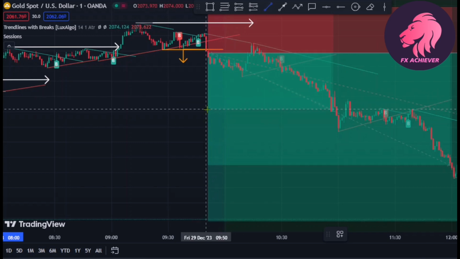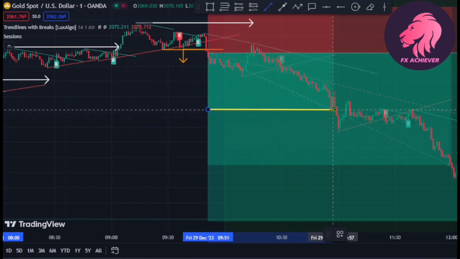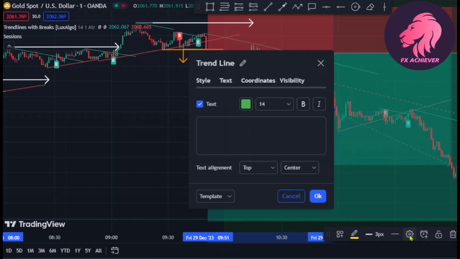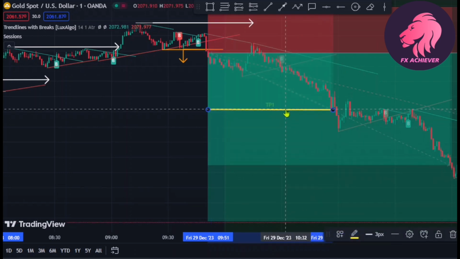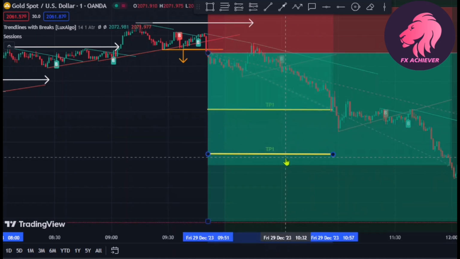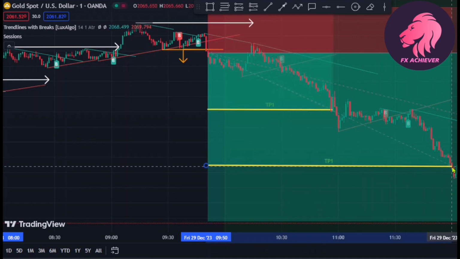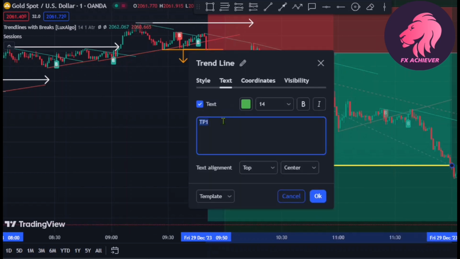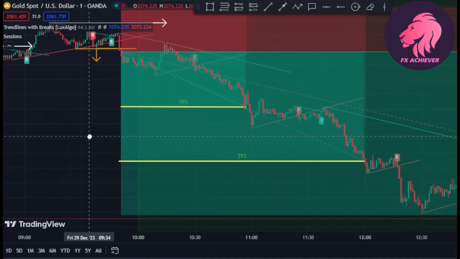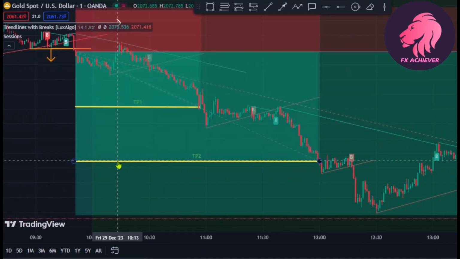And then on this session you can see TP1 was hit successfully, and then TP2 also got hit successfully. You can see TP2 here was a success, and TP3, I'm not sure about TP3.